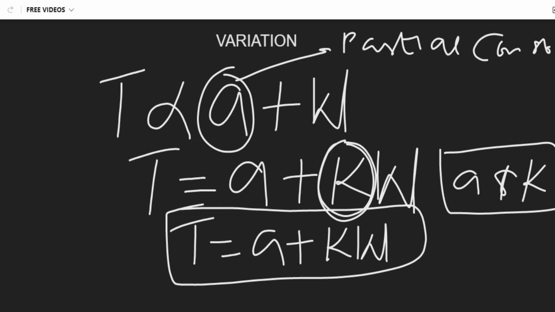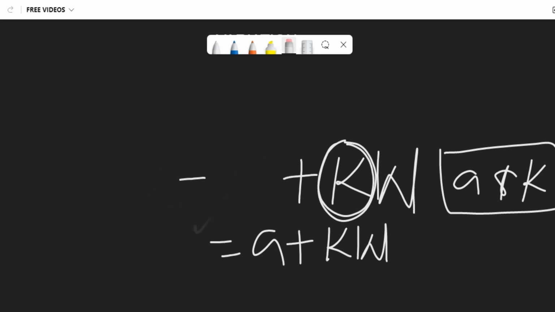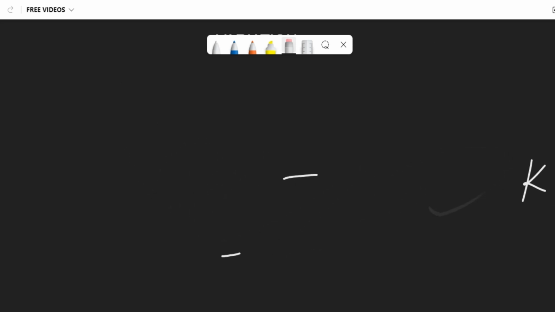Now we're going to consider two questions on this topic that will help us understand the value of this variation, the topic we have just discussed. We are going to look at two or three questions under this topic. The first question is on partial variation.